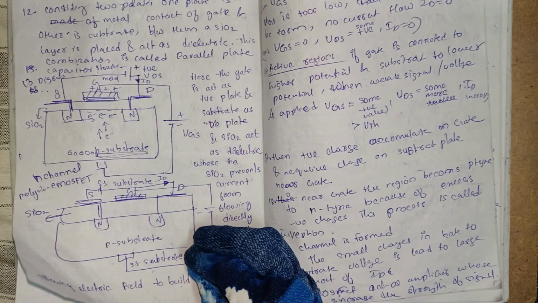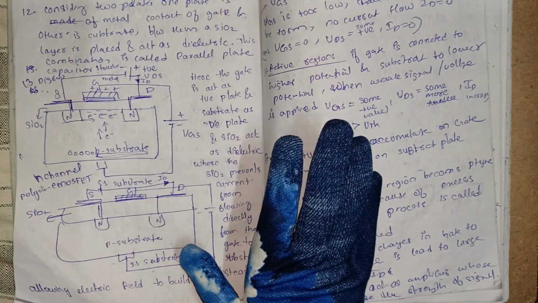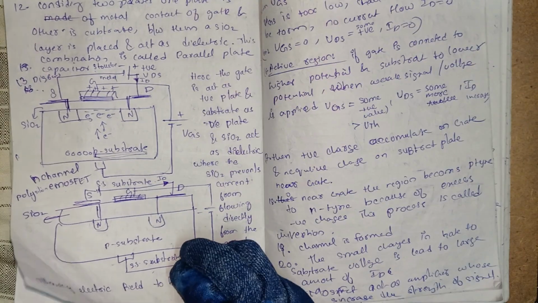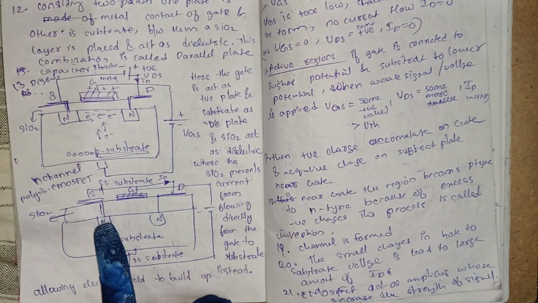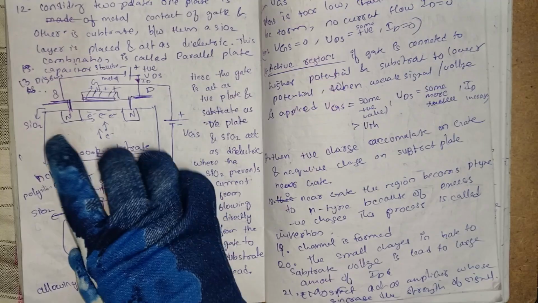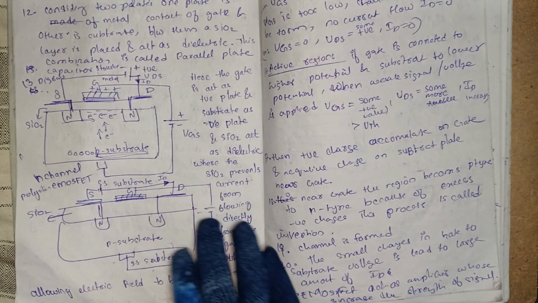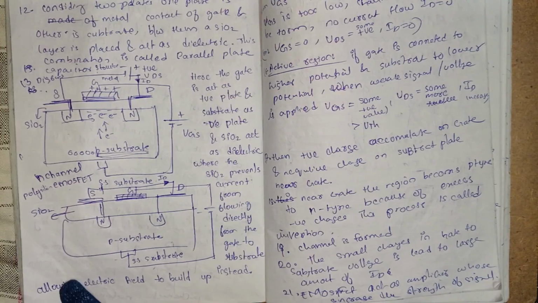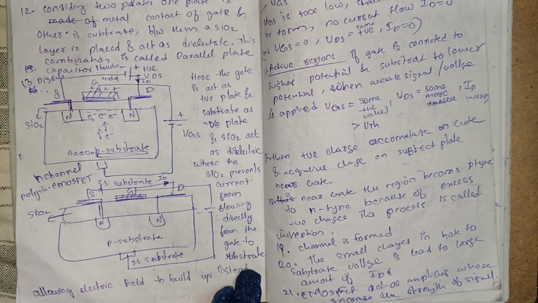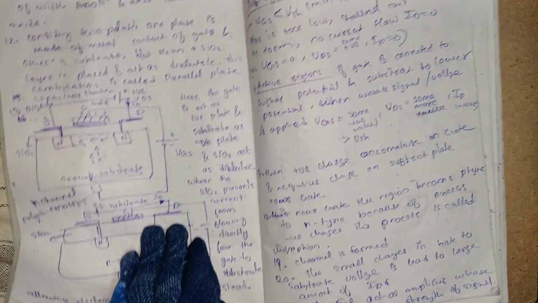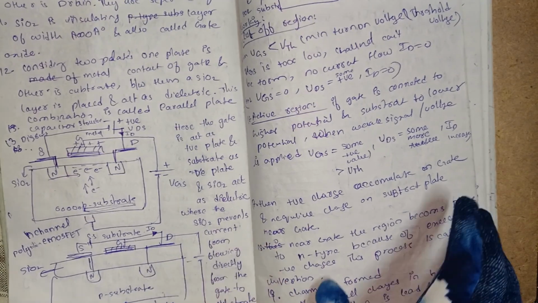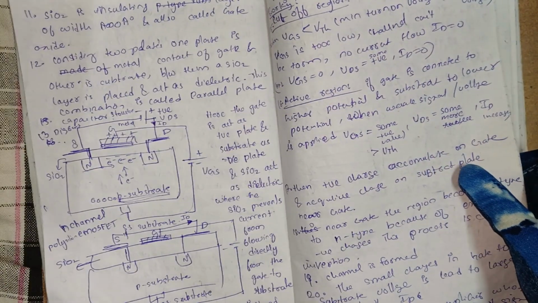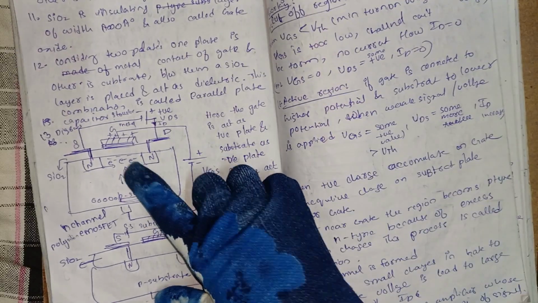So as we all know, the current flows from positive terminal to negative terminal, or positive plate to negative plate. So this silicon dioxide, which is an insulator, is preventing current from flowing directly from the gate to substrate, allowing electric field to build up instead. So in the working we will see how the conducting channel is developed.